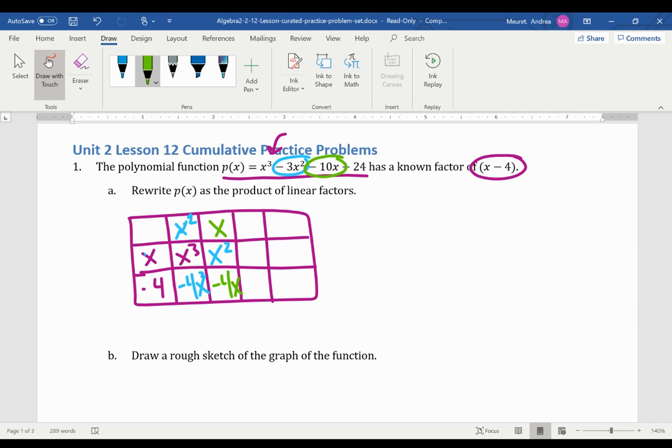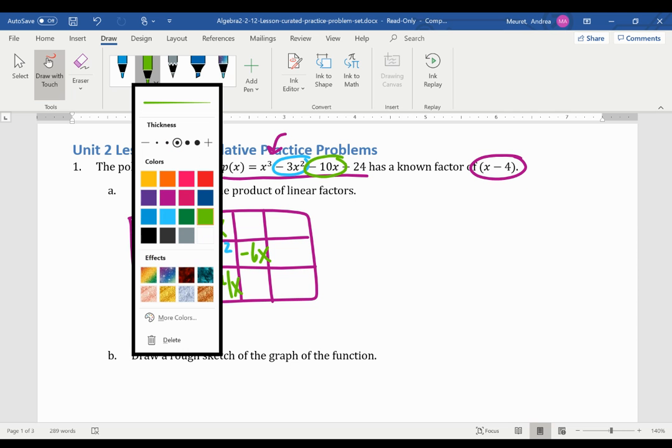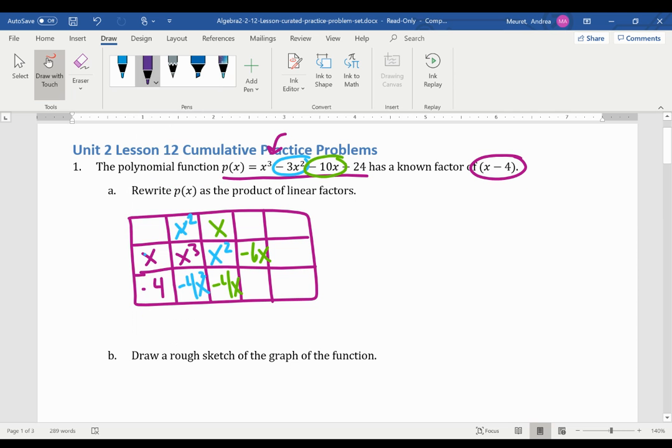What do I have to add to negative 4x to get negative 10x? I have to add negative 6x. And then above that, what would I have had to multiply x by to get negative 6x? I would have had to multiply it by negative 6.